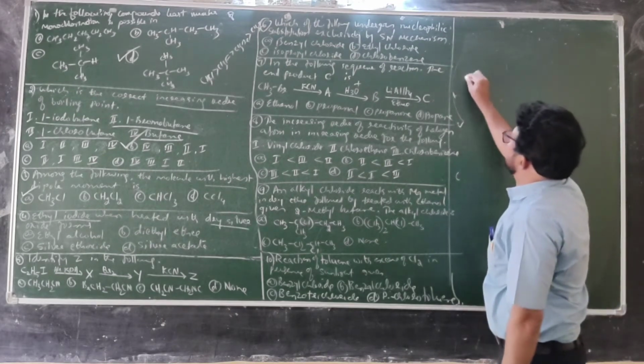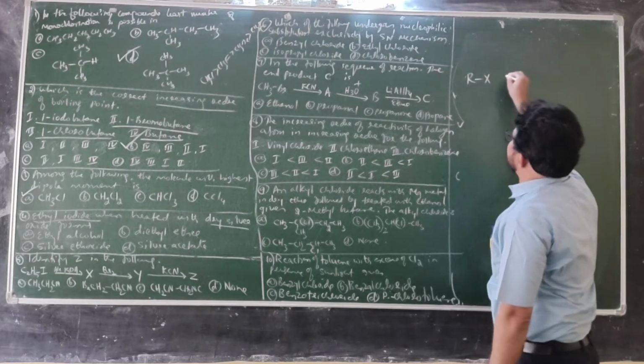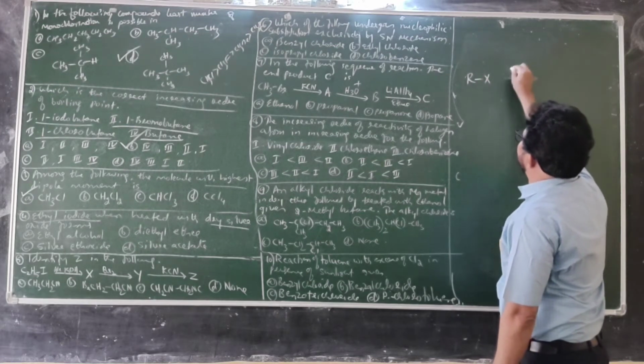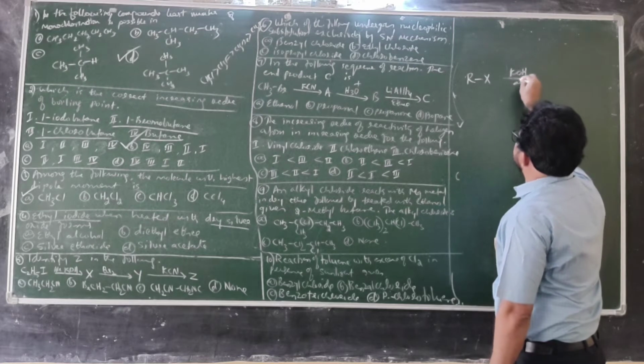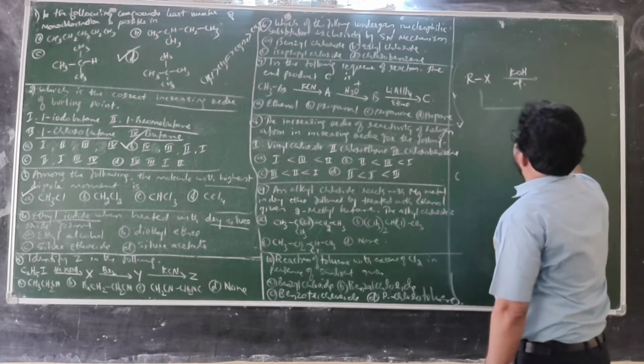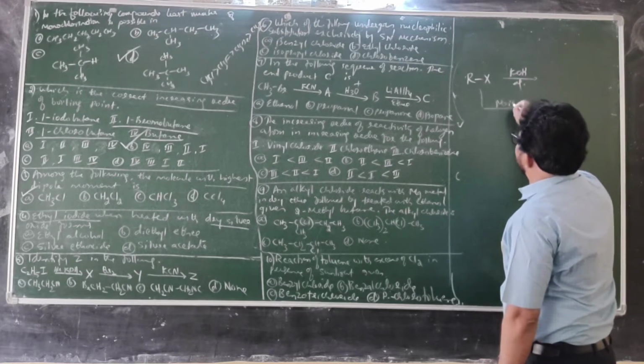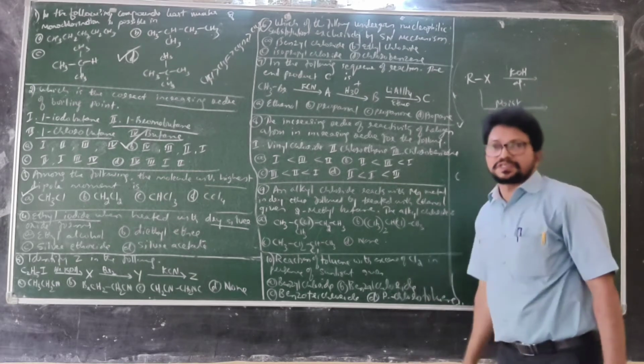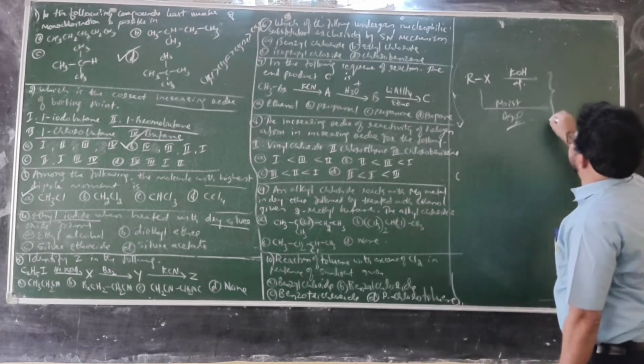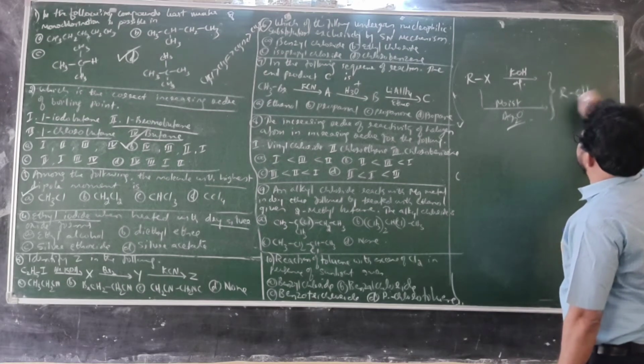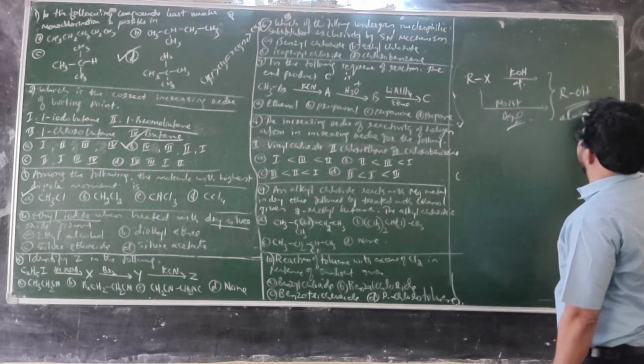See, one general equation I will tell you: RX with aqueous KOH or moist silver oxide, same, moist Ag2O. The product is alcohol.